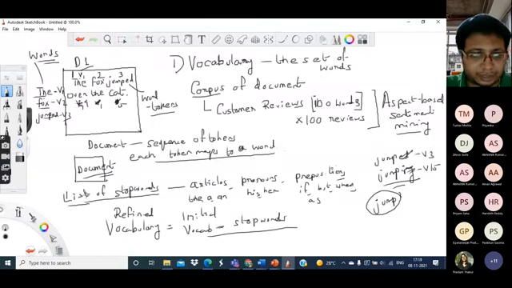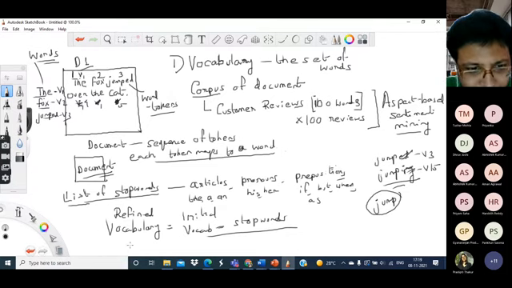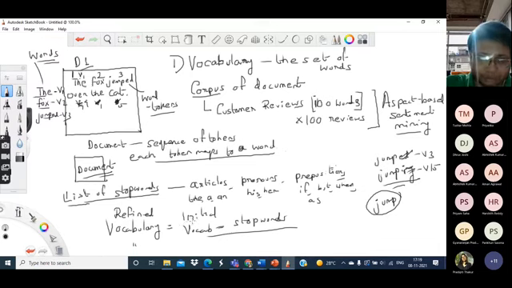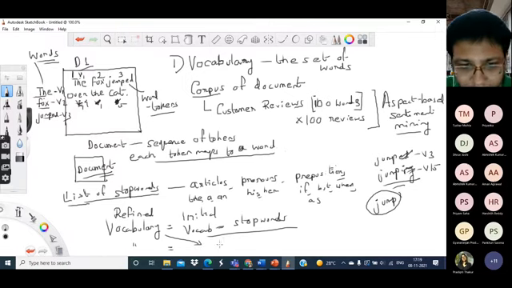So the first step is the stop word removal. The second step is stemming. After removal of stop words, I get a refined vocabulary. Then after that, we further refine the vocabulary by stemming.